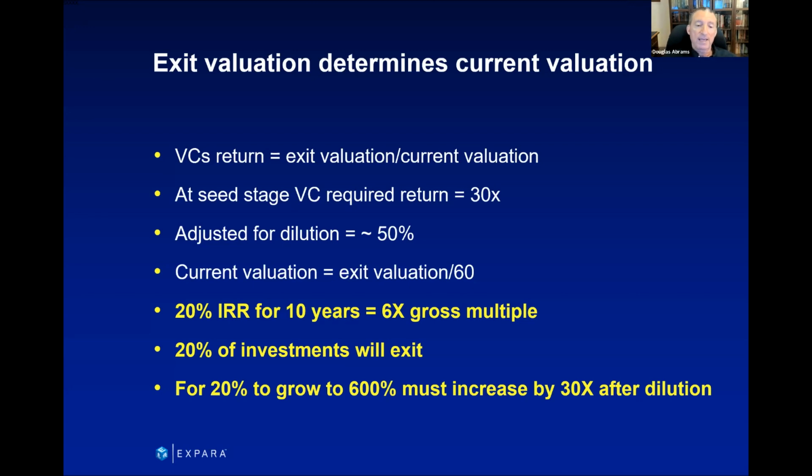And this means that about 20% of the VC's portfolio needs to deliver 100% of its returns. And so we're only working with 20% of the portfolio to deliver this 6x. In order for 20% of the portfolio to grow the portfolio value to 600%, this means that this 20% must increase by 30 times post-dilution.